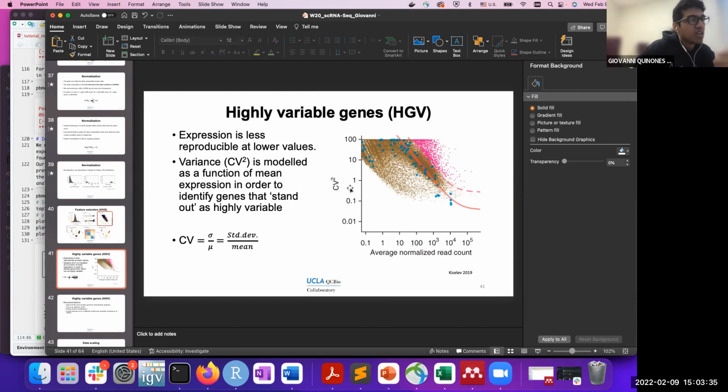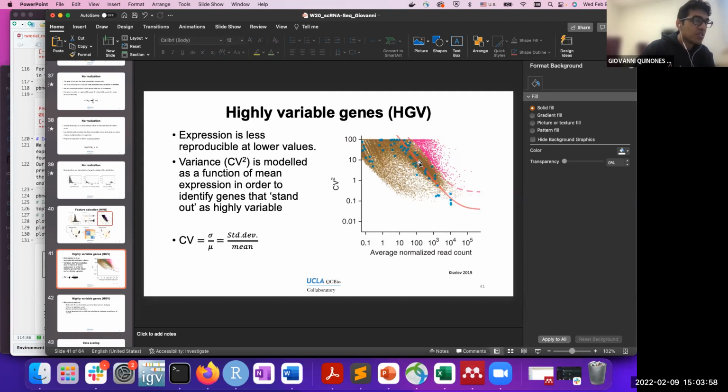The point of this plot is to show that when a gene is more highly expressed, the variance for that gene is smaller. And when the gene is very lowly expressed, it will tend to have a very high variance. So what do we do with this information?